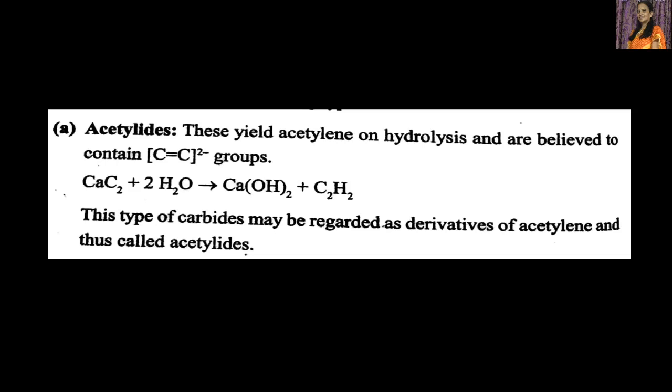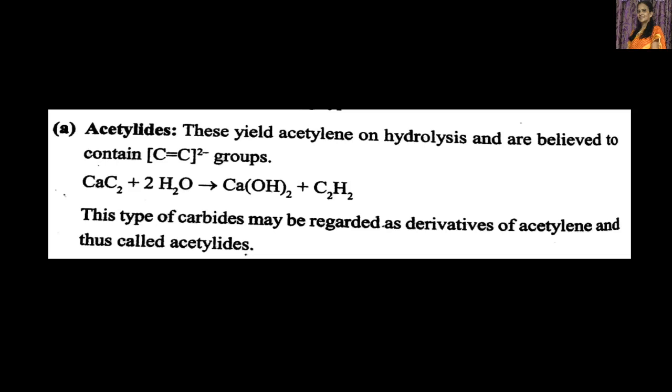Generally these acetylides are said to have C2 2- groups. Any compound which has the C≡C 2- group present in the acetylide produces acetylene when subjected to hydrolysis. Here is the best example, calcium carbide, which is an acetylide.